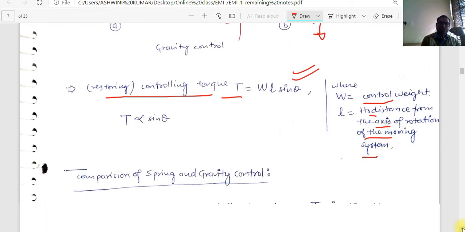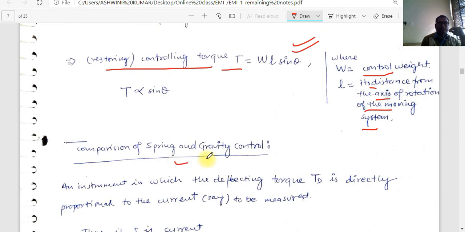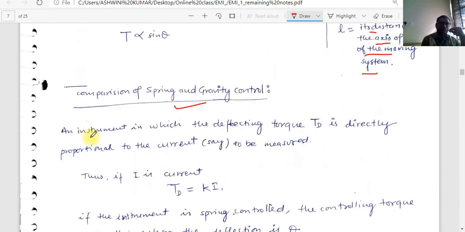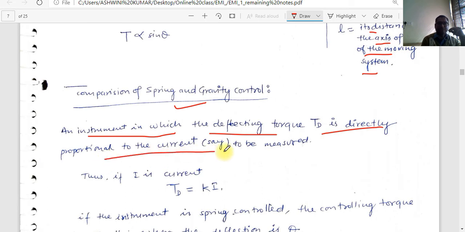Also we can check here the comparison of spring and gravity control. An instrument in which the deflection torque Td is directly proportional to the current to be measured.